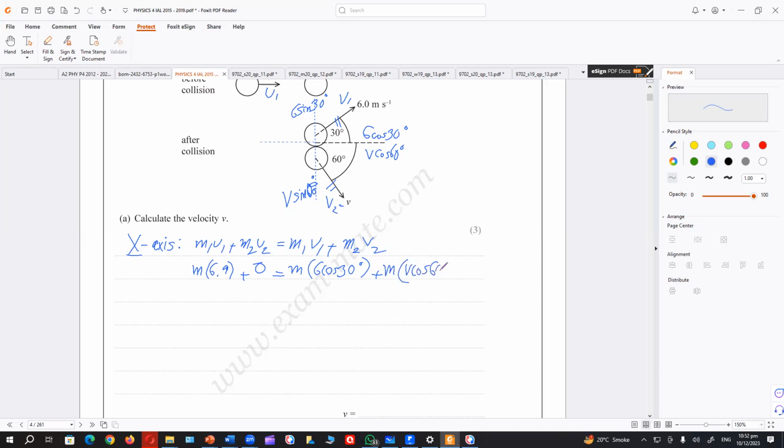I'm working on the x-axis, so you take cos. It is equal to 6m cos 30 plus Vm cos 60. Divide all sides by m.